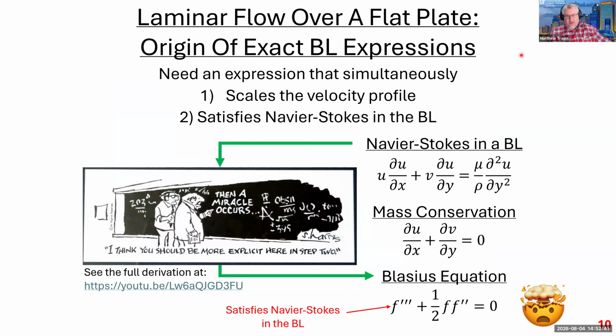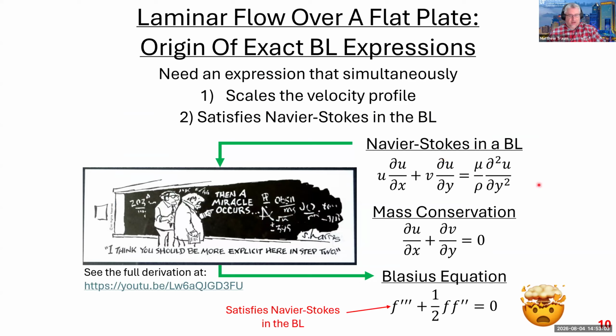Okay, so this is another slide that I use in fluids. In order to get the Blasius solution, you need two things. One is that realization that the velocity profiles along the plate are all the same, they just get scaled. And two, you have to have a solution that satisfies both the Navier-Stokes equation and the mass conservation equation inside the boundary layer.